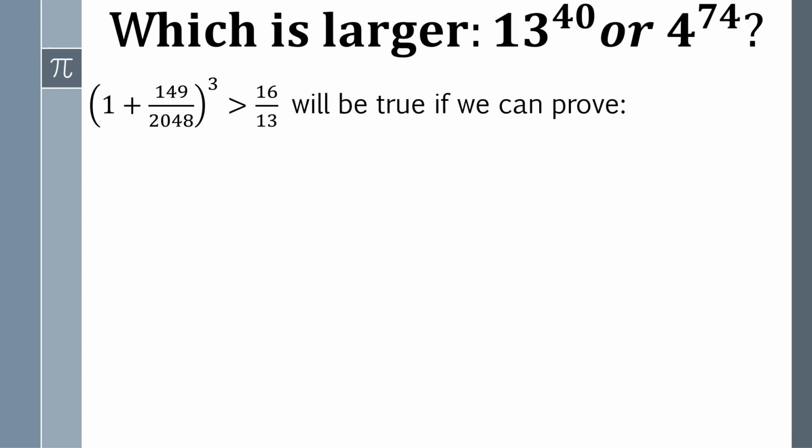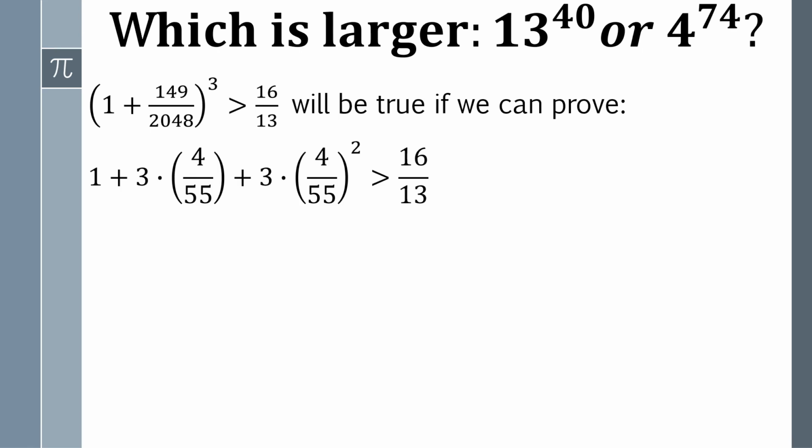Therefore, the inequality 1 plus 149 over 2048 cubed larger than 16 over 13 will be true if we can prove the following inequality. Both sides of this inequality are subtracted by 1 and then divided by 3, which leads to 4 over 55 plus 4 over 55 squared larger than 1 over 13.